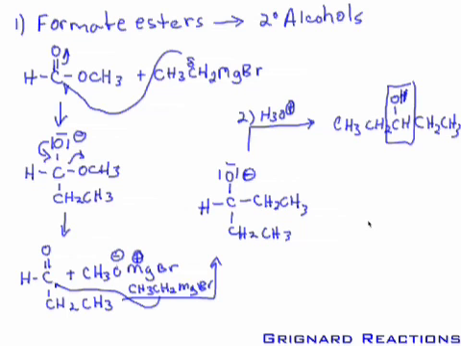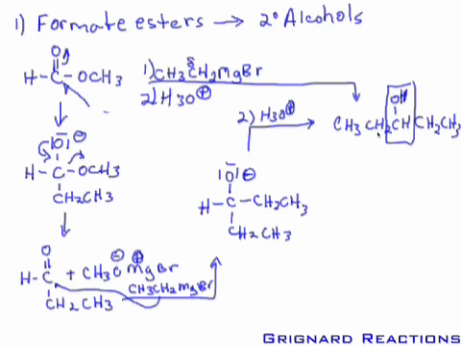The two ethyls came from the Grignard. So there's the full-blown reaction. Alright? So we can draw it in one step if you like. If we draw a big reaction arrow: 1 ethyl magnesium bromide, 2 H3O plus is the overall.